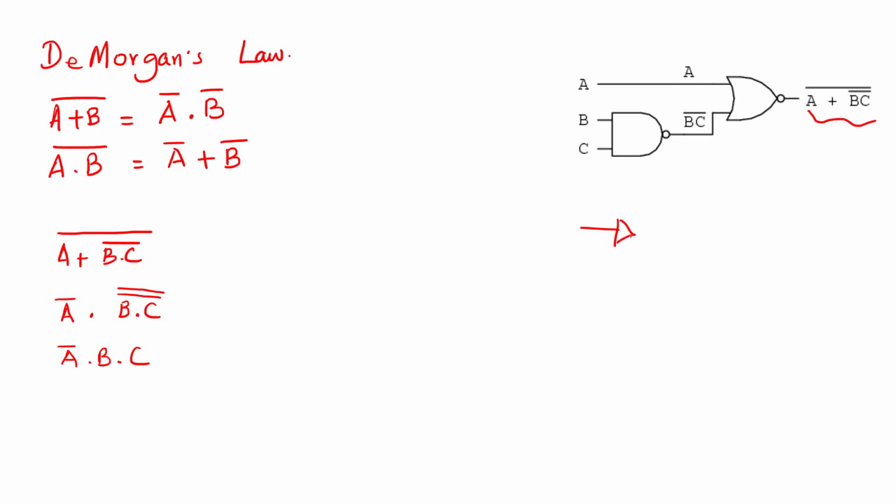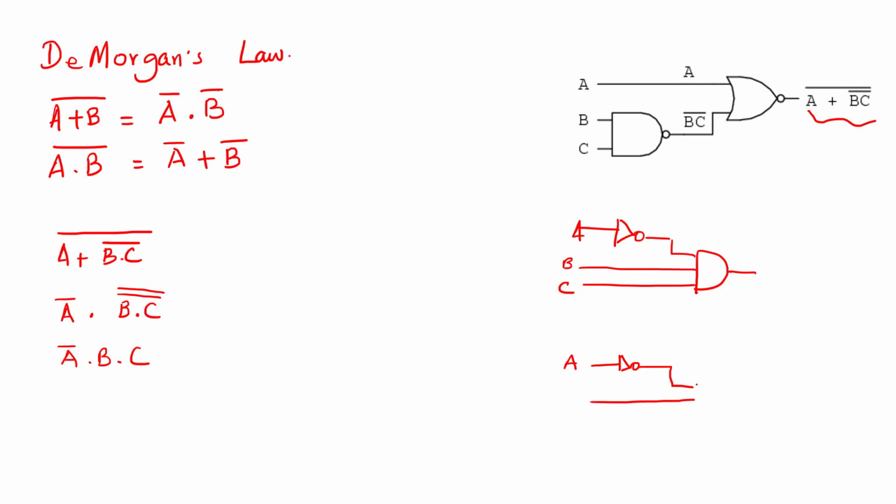All I need is to invert my A signal, and then I can pass it through a 3-input AND gate, that is one implementation. So I have a B here and C here. In my second implementation, I can use two AND gates.